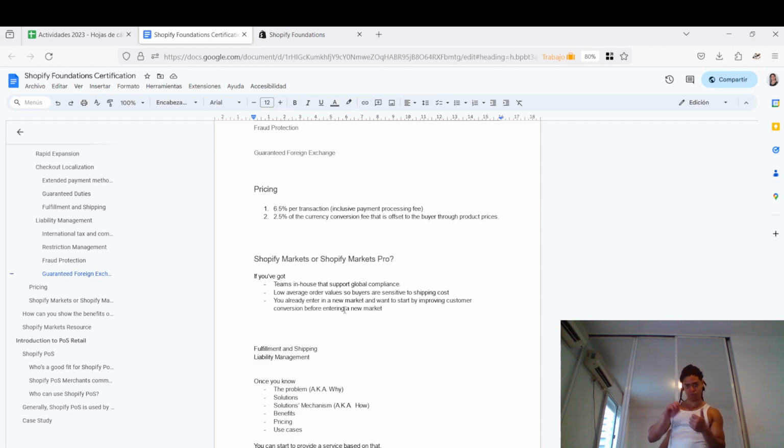All of these things make it very expensive and slow to get into a new market. So what Shopify Markets offers is to offload compliance, international taxes, registrations, and duties, so now you can focus on your business as a merchant. You now have control over that.